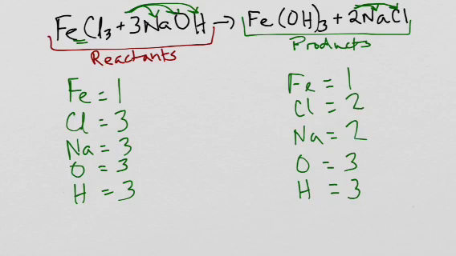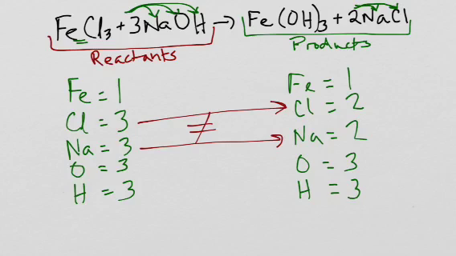Now, does this follow the law of conservation of mass? No, it does not, because look, the numbers here are not the same. These are not equal. So somewhere we made a mistake, okay?